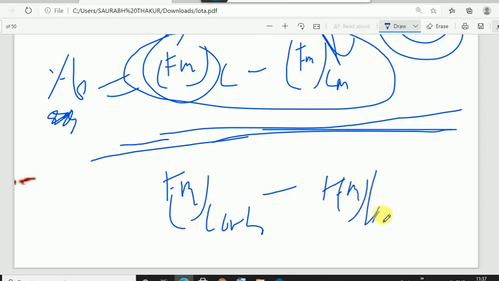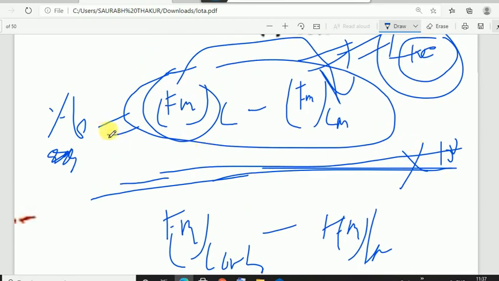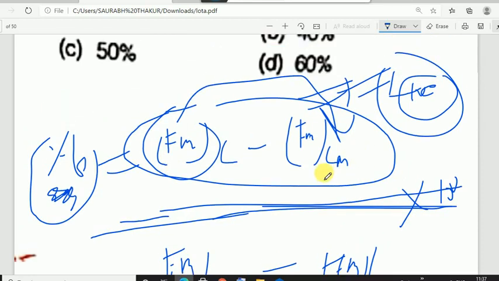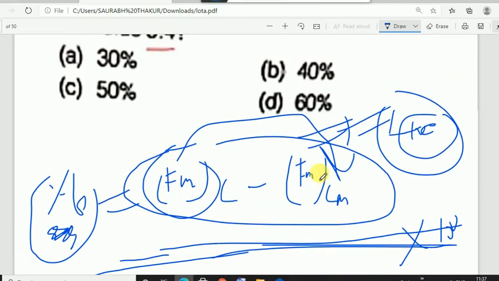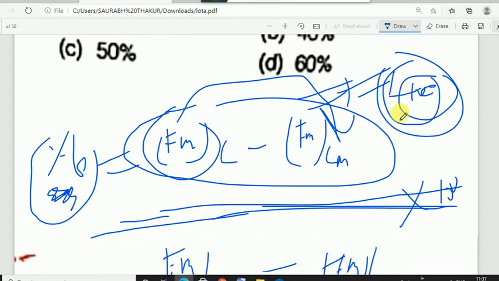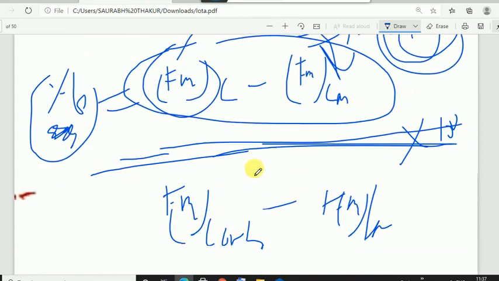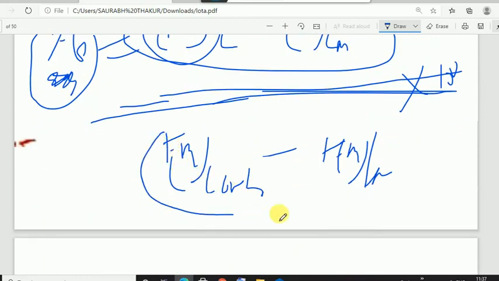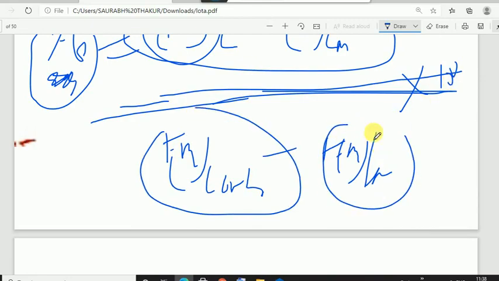Okay, and multiply by 100. Means your formula would be percentage fine aggregate is equal to FM of coarse minus FM of combined, or FM of combined minus FM of coarse. Actually, whatever you want to use, you can use, but you have to take it as positive. Divided by, in the denominator, FM of combined minus FM of fine, into 100.